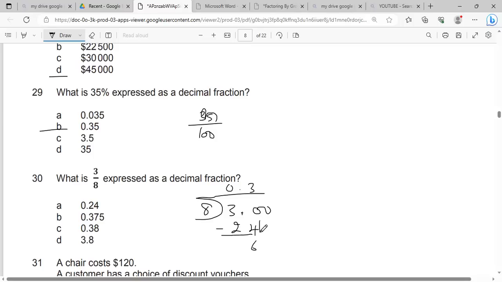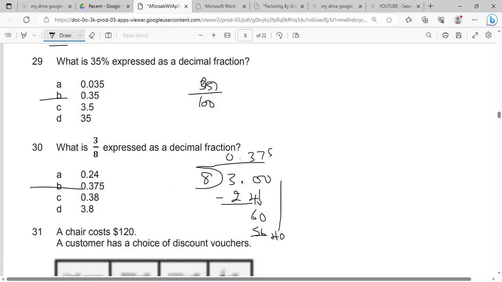Carry down our 0. 8 into 60 goes 7 times, 7 8s are 56. Subtract again, and you get 4. Put our 0 now, which is 40, so that gives you 5. As I said, guys, I did this on a CSEC past paper, so I kind of know the answer as I saw it.